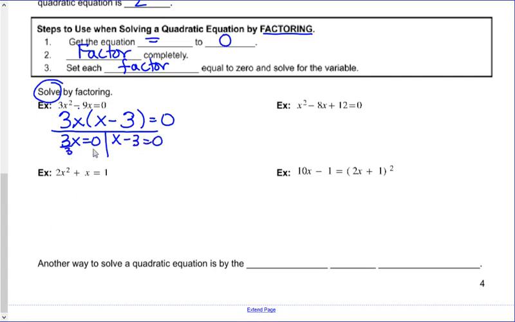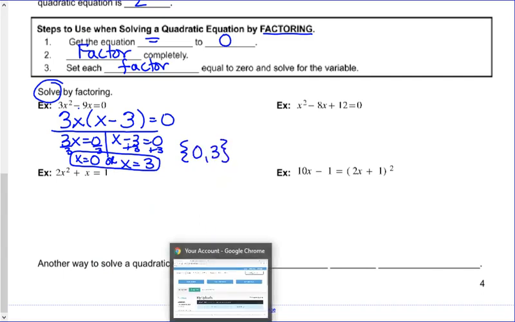So, dividing by 3 each time gives me x equals 0. Remember, 0 divided by anything is 0. And when I add 3 to both sides, therefore, x equals 3. So, therefore, x can equal 0 or x can equal 3. And so, in solution set notation, you might see it be written like this as well.